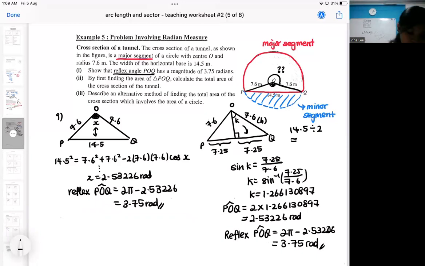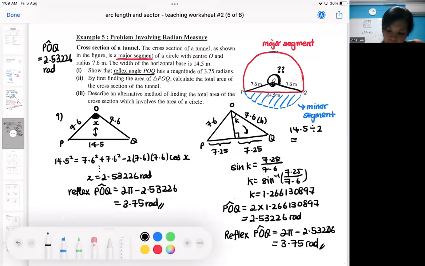So my POQ should be 2.53226 radian. If I do the reflex one, that means this part, I should get 3.75. It depends on how you want to do it. Do you want to do it by the cosine rule, or by the normal right angle trigo?